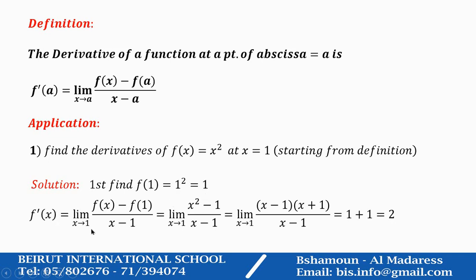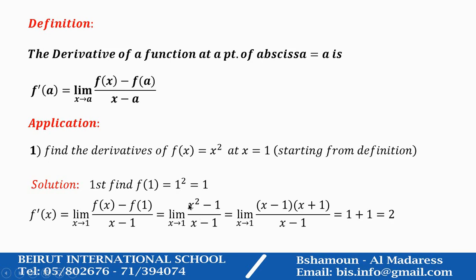Then you apply the definition. The derivative of a function f is the limit as x approaches 1 of f of x minus f of 1 over x minus 1. It is, you substitute, instead of f of x you put x squared, minus, instead of f of 1 you put 1, we calculated it, over x minus 1.